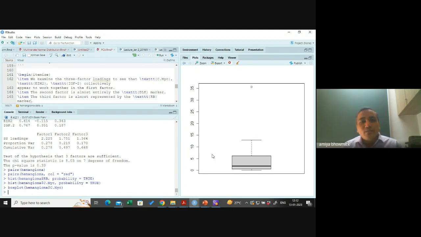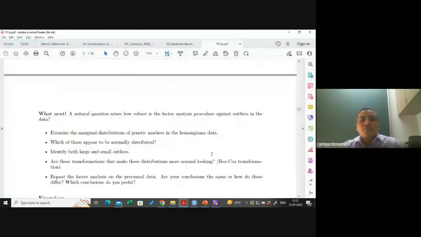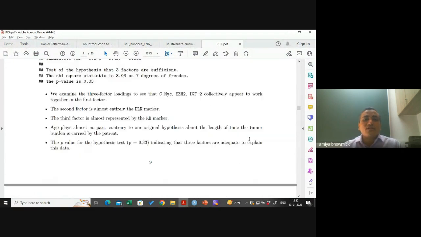And then with whatever remaining data you have, again perform this factor analysis and try to see whether the output that is being presented over here changes or not.